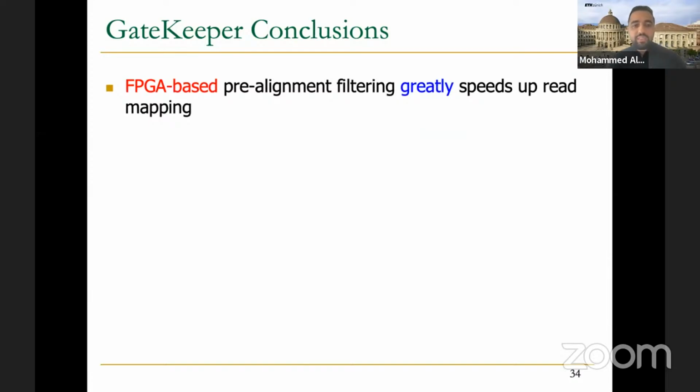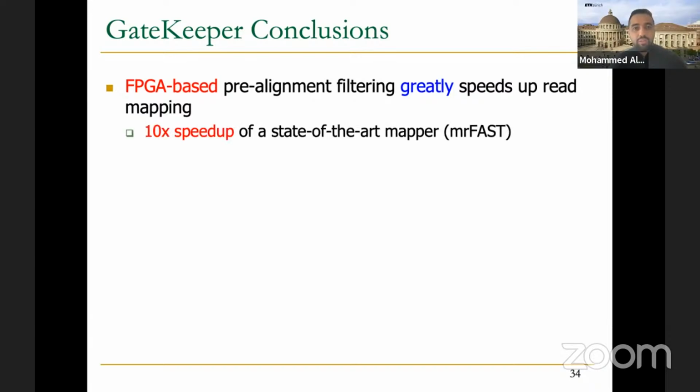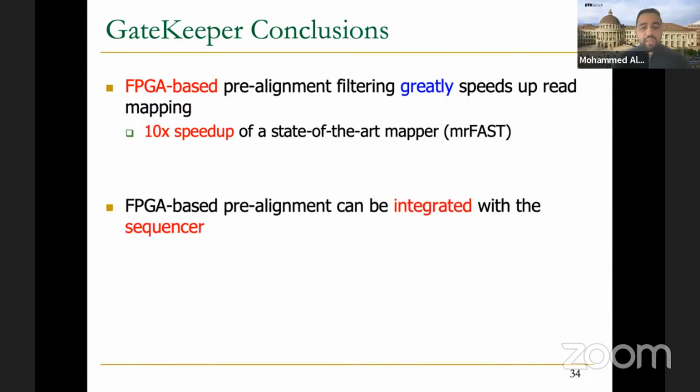The FPGA-based pre-alignment filtering greatly speeds up read mapping, providing about 10x of speed up compared to Mr. Fast. It was state of the art at that time. Now we have Minimap 2, for example, but we don't know how much speed up compared to that.